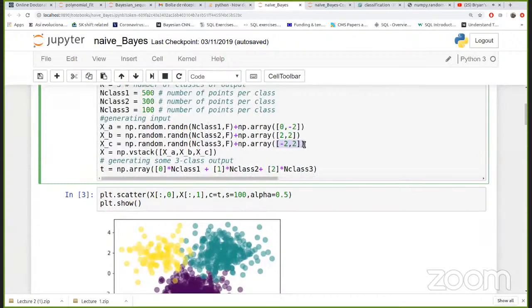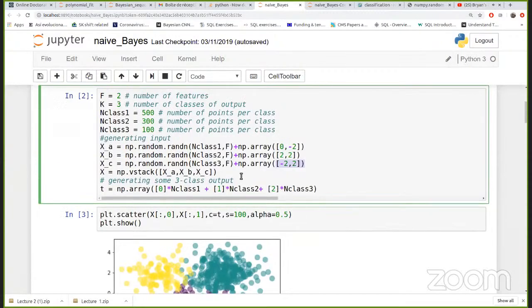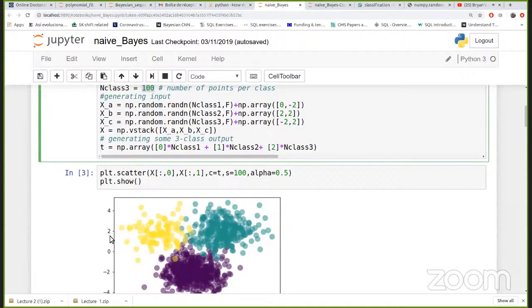Standard Gaussians, meaning the standard deviation is 1. And this is important: I have a different number of points in my data set depending on the class. I have 500 for the first class, 300 for the second class, and only 100 points for the third class.